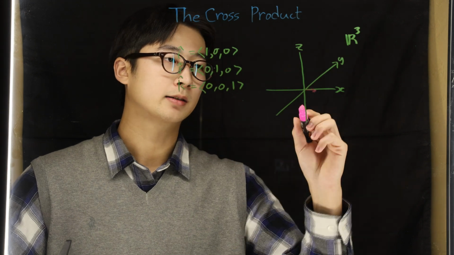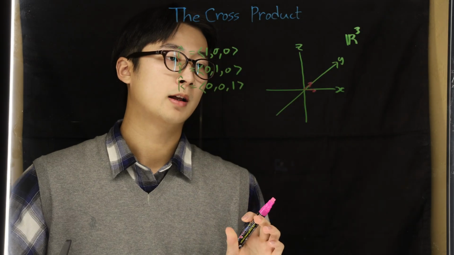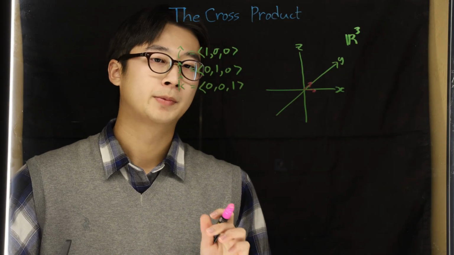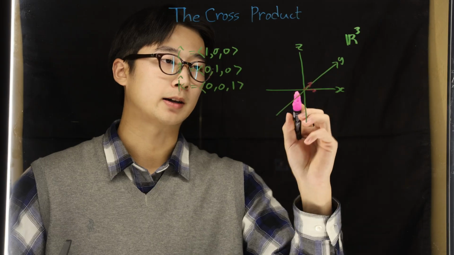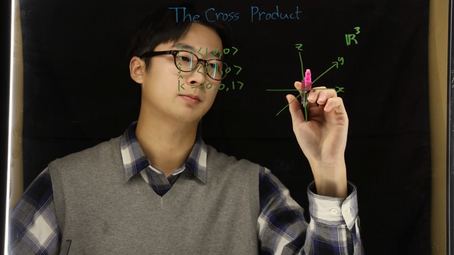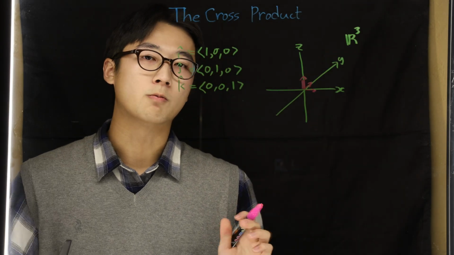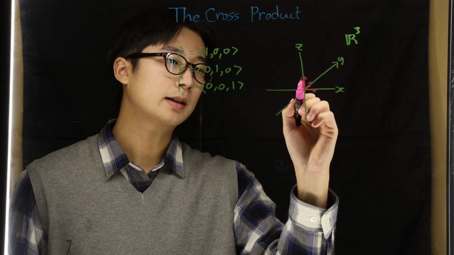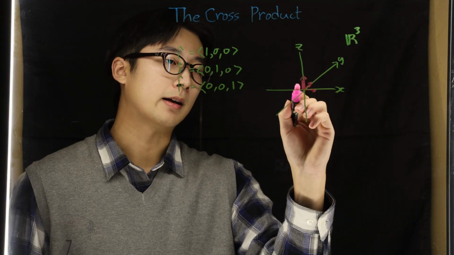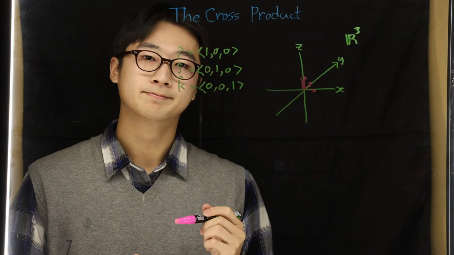And j hat goes only in the y direction, also with a magnitude of 1. And lastly, the k hat vector goes only in the z direction with a magnitude of 1. So these three arrows are the basis vectors in 3 dimensions.